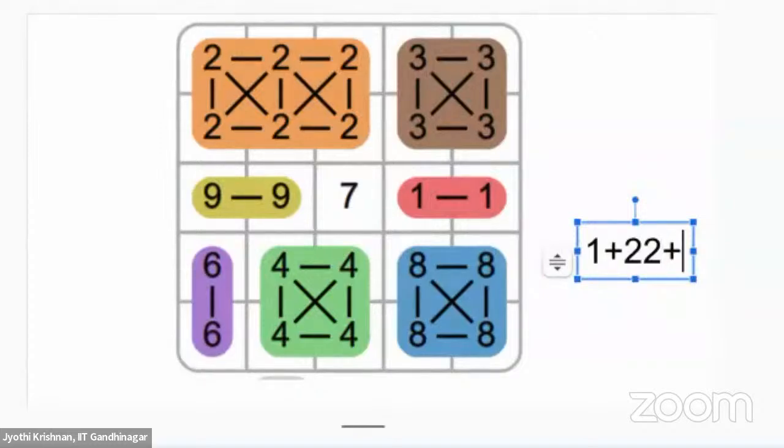Plus between the 3's, there are 6 lines. So the number 3 came 4 times. So there are 6 lines between the 3's. So 6 3's are 18. Okay. Plus 4 also came 4 times, so 6 lines. So 6 4's are 24.